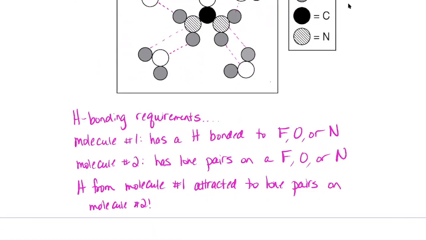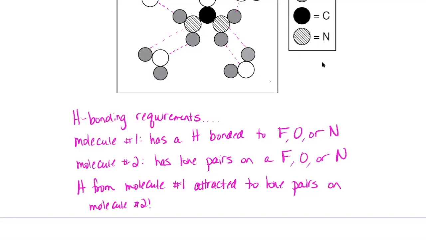If it does, it could hydrogen bond with another molecule nearby, as long as that molecule has lone pairs on fluorine, oxygen, or nitrogen. The hydrogen from molecule number 1 is attracted to those lone pair electrons on molecule number 2. And it's a really strong intermolecular force, those hydrogen bonds really strongly hold molecules together.